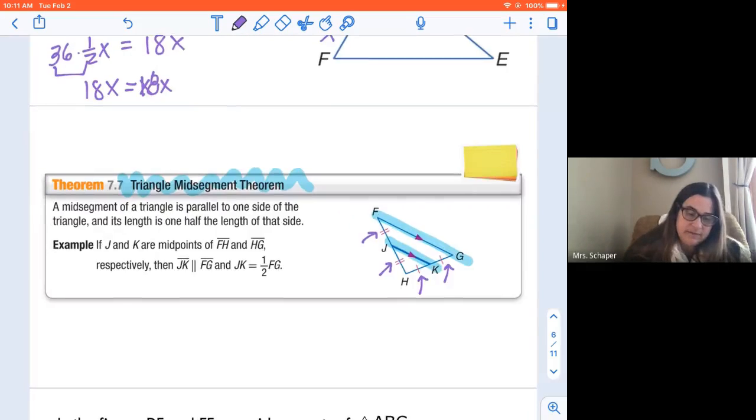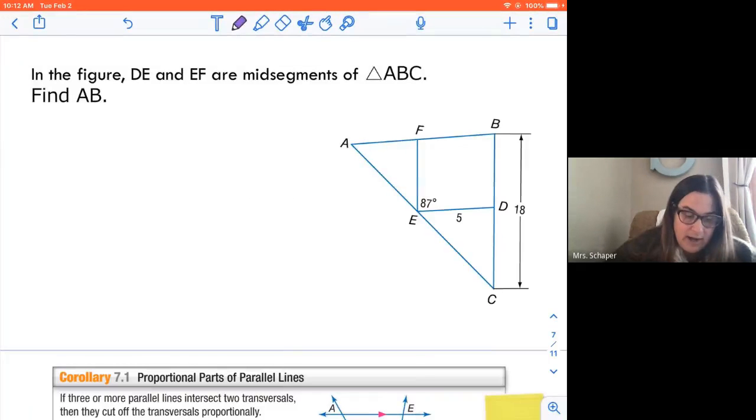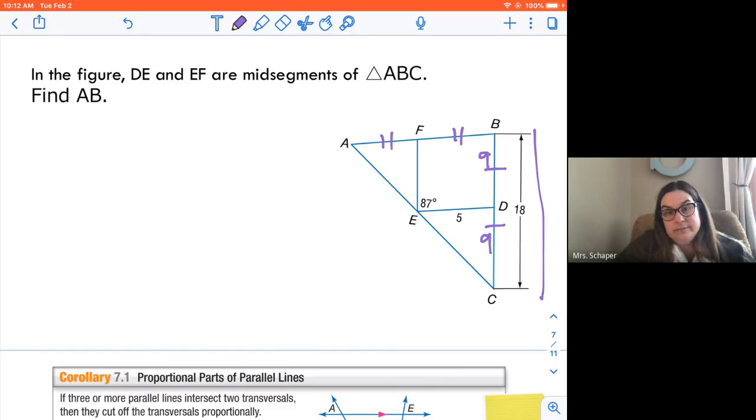Let's take a look at this figure. DE and EF are mid-segments, so we know that to be true. Now we have to find AB. Because BC is 18, we know that each of these side lengths is 9.